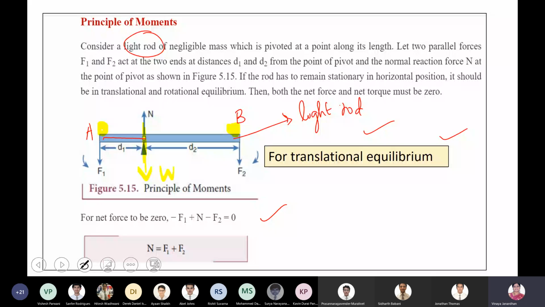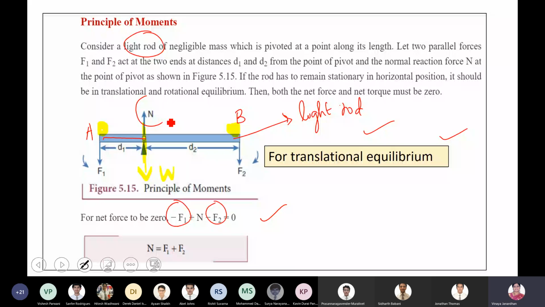So minus F1, because this is tending to move in the anti-clockwise direction, this will be in the clockwise direction. So minus F1 plus N. Boys, please understand, all the forces which are acting in the downward direction I have taken as negative. All the forces which are acting in the upward direction, I am taking as positive.